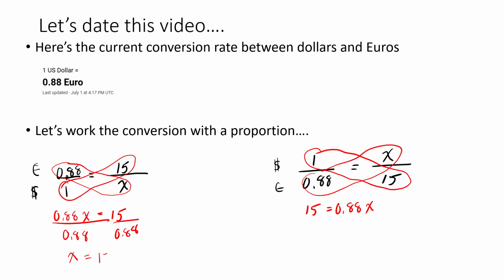It keeps repeating, but we'll say something like that. So about $17. So when I go with my US dollars to a place to convert my money over, like an exchange place, I know I am going to need to convert about $17.